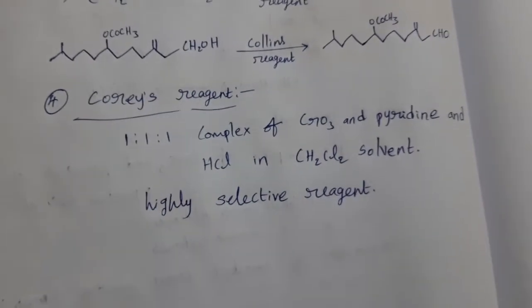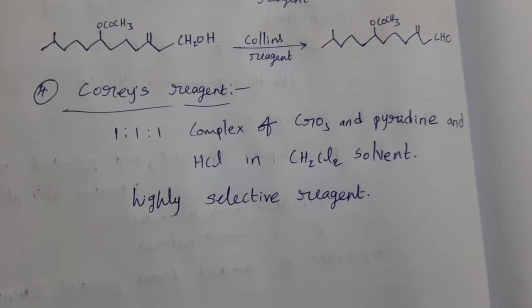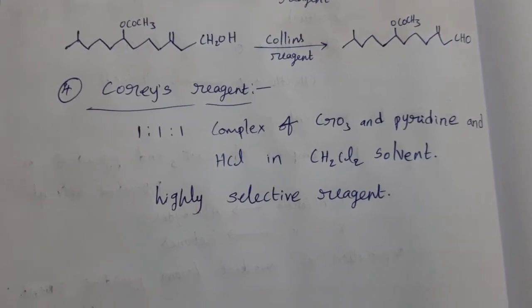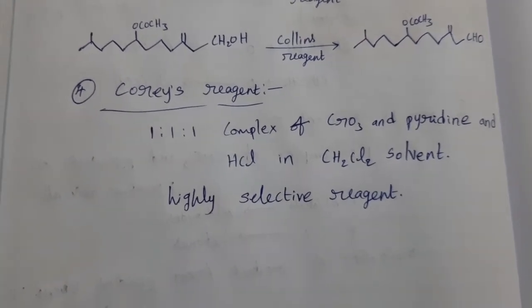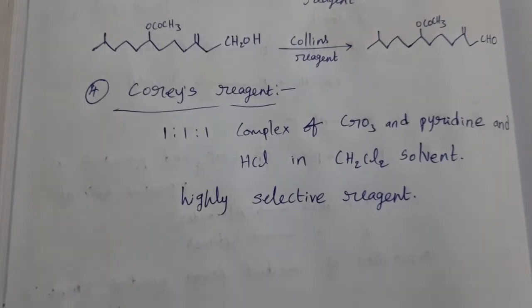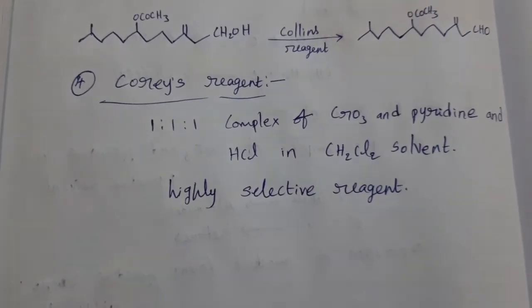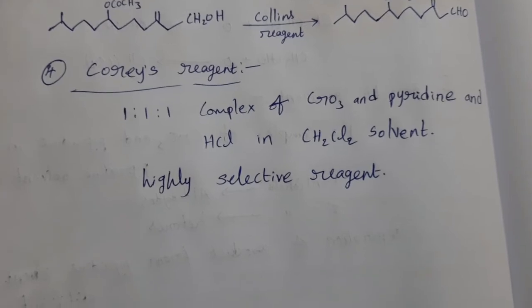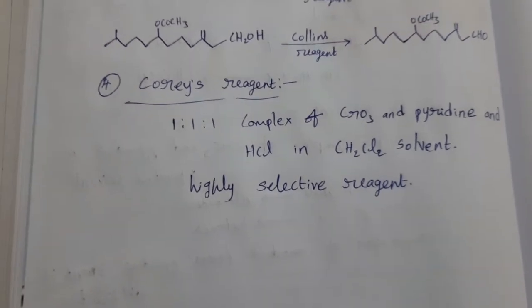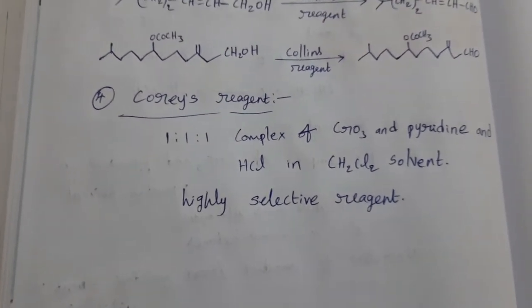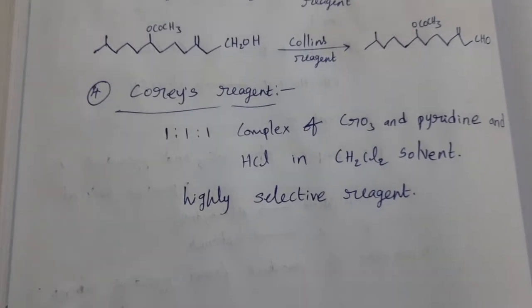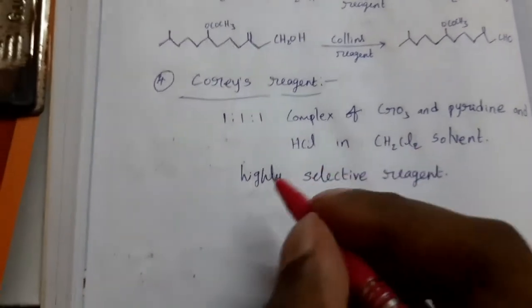By using this Corey's reagent also, we can stop the oxidation of primary alcohols at aldehydes and secondary alcohols at ketones. Further oxidation we can stop. So it is a highly selective reagent. It is also useful for the selective oxidation of alcohols containing acid sensitive groups.